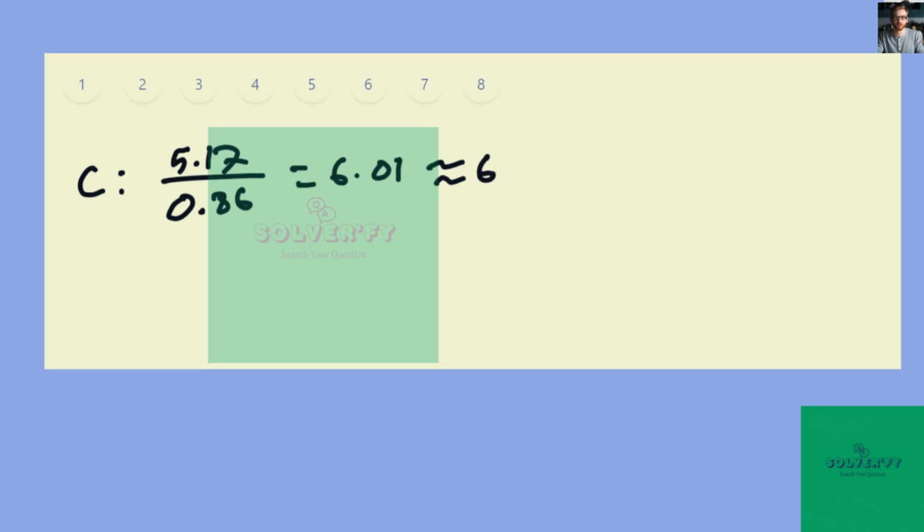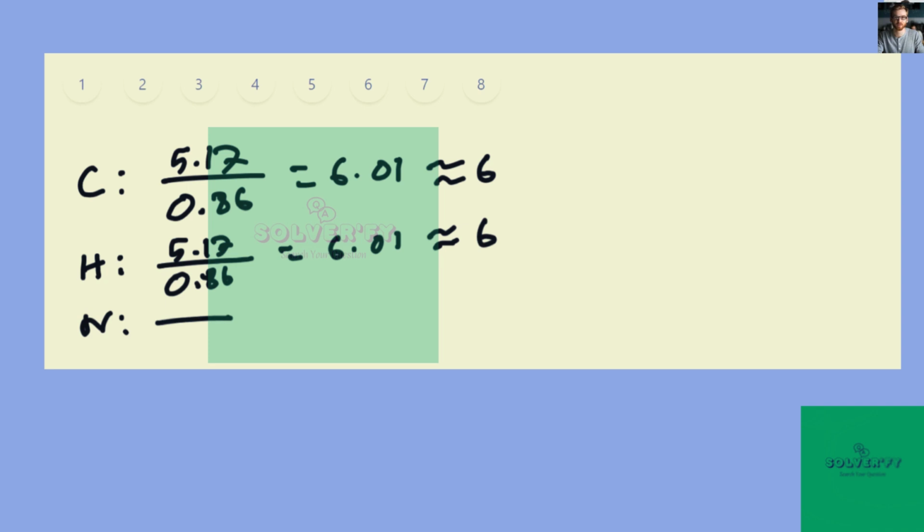Then for nitrogen, it will be 0.86 over 0.86, which will be 1. And for oxygen, it will be 1.28 over 0.86. It will give us a value of 1.5.